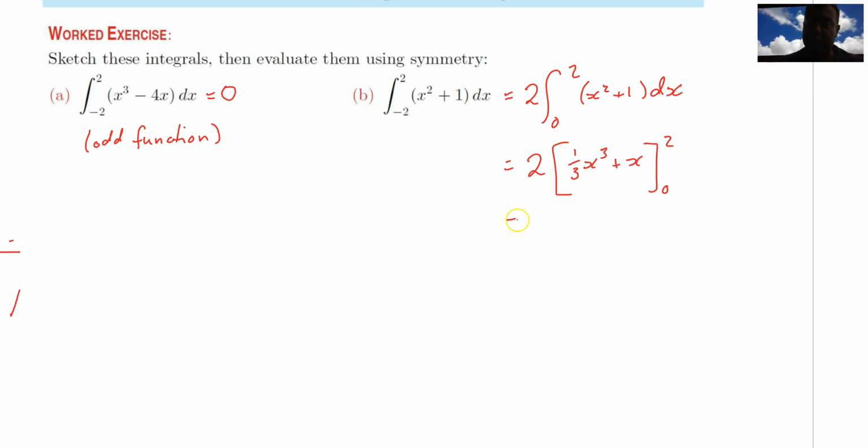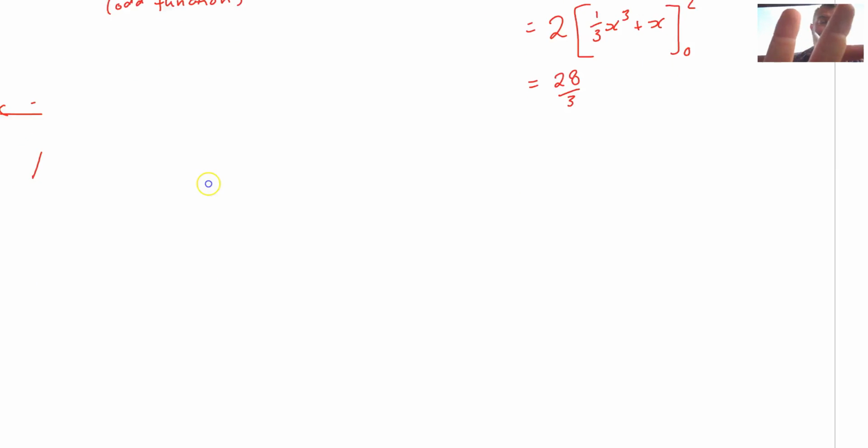No, hang on. 8 over 3 plus 6 over 3 is 14 over 3, which is 28 over 3 by the time I double it. 28 over 3, or 9 and 1 third if you like. There we go. Odd and even functions can make life a little bit easier.